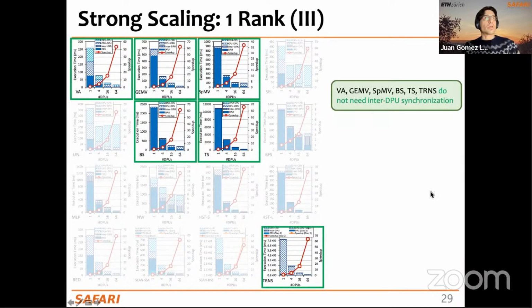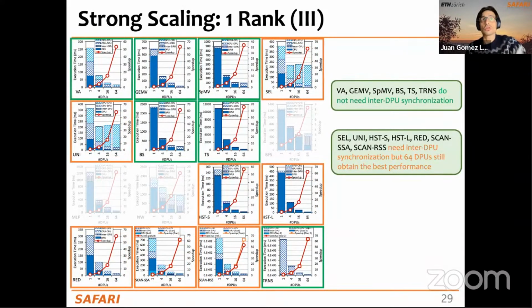Okay, so now a few comments with respect to the inter-DPU synchronization. There are some benchmarks that don't need inter-DPU synchronization at all, which is great for their performance and for the execution on this distributed system, in particular these 6 benchmarks that you see on the screen. Then there are other benchmarks, these ones with the orange halo, that require inter-DPU synchronization, but still 64 DPUs obtains the best performance.